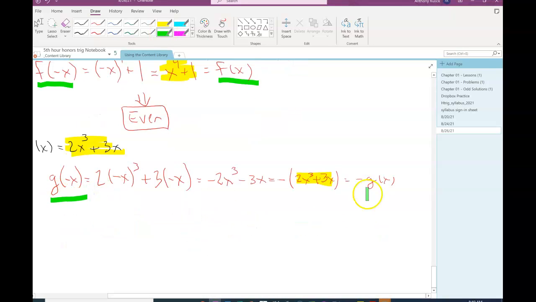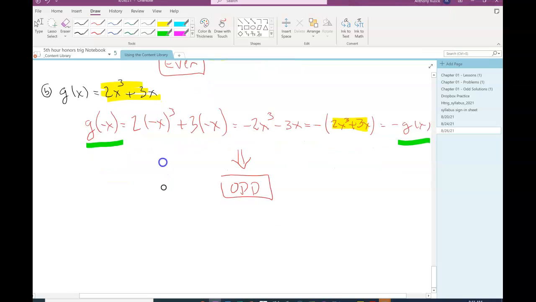So I have shown that g of negative x equals negative g of x. So I can say that this is odd. So if it mirrors it exactly, it's even, and if you get the opposite, then it's odd. And then if you don't get it at all, it's neither.